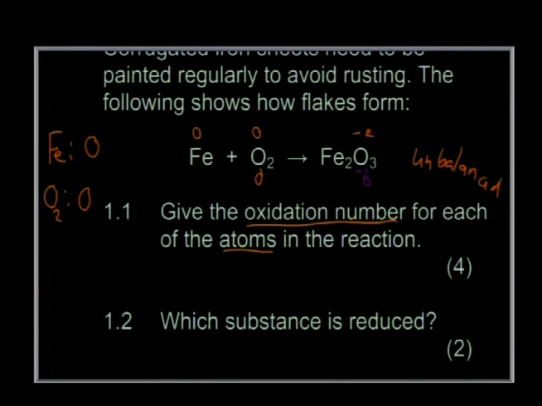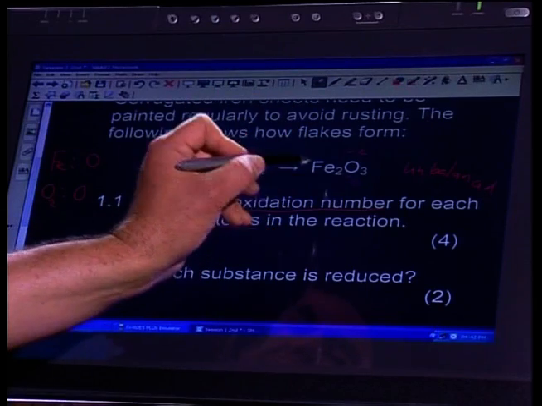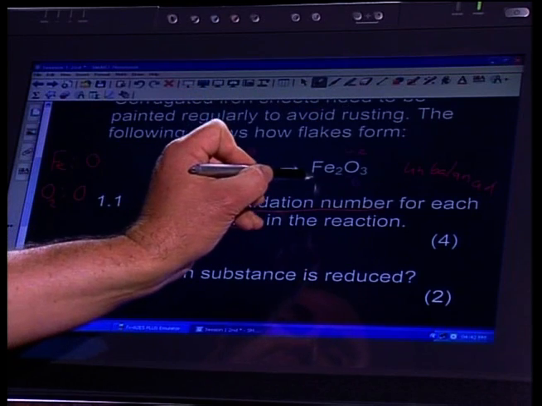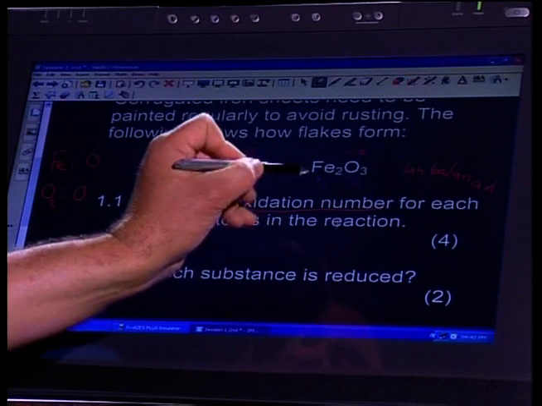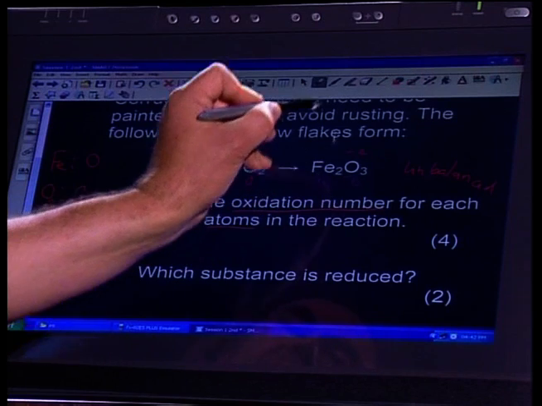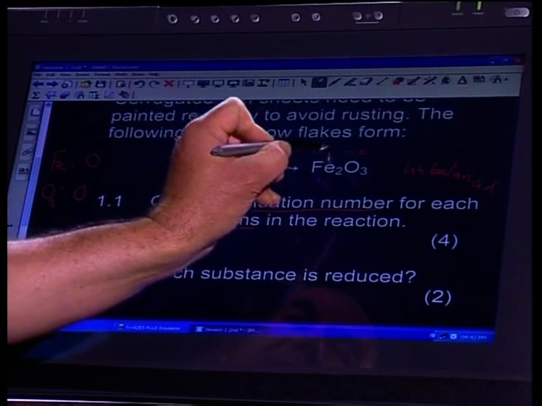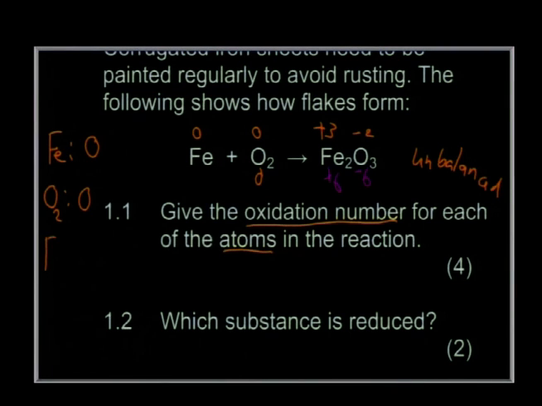Now, the whole thing has to add up to 0. So what plus -6 will give you 0? Well, that's not too difficult. +6. +6 divided by 2 means that iron is +3. So answer iron +3. Remember to put the pluses and negatives in if that is the case.